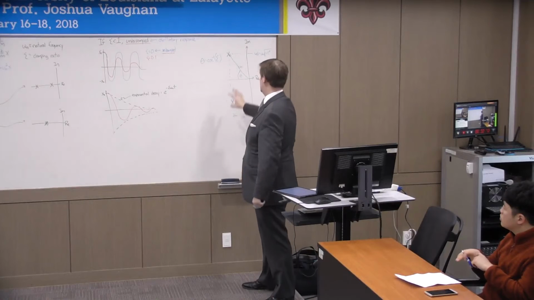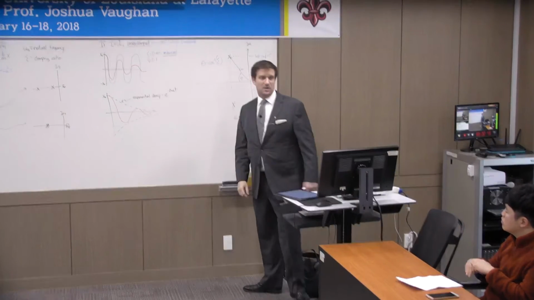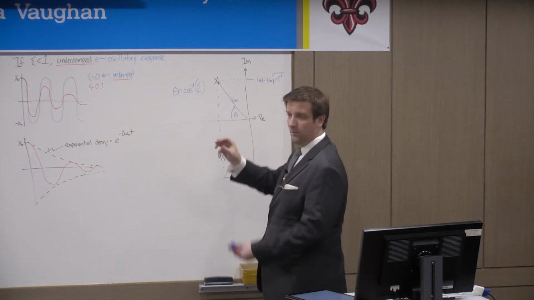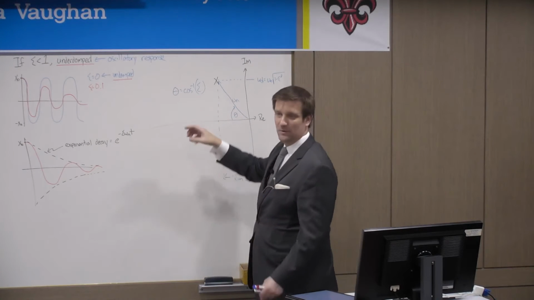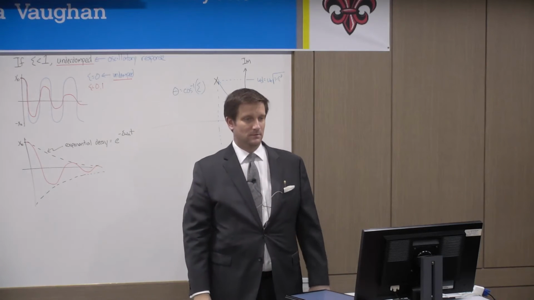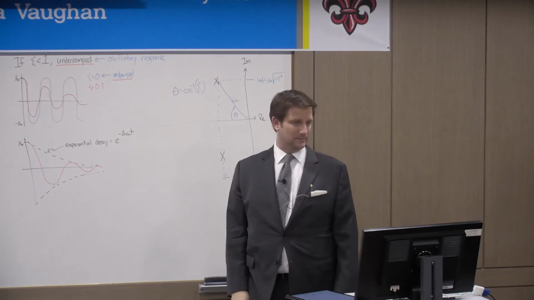So if you give me just a pole zero map, and it has a complex conjugate pair of poles on it, I know immediately what its natural frequency is. I know immediately what the damping ratio is and how quickly it's going to decay. So by looking at these pole zero maps, we can tell a lot of information about our system.